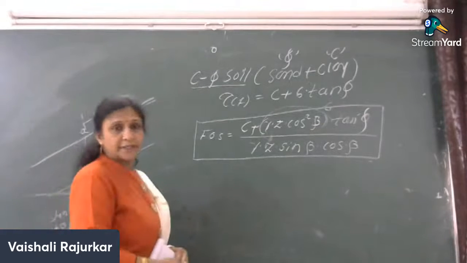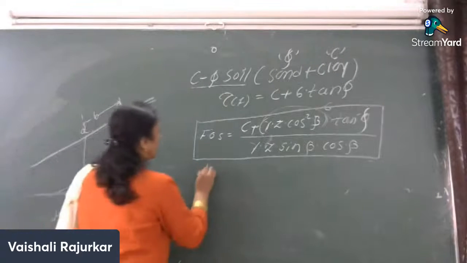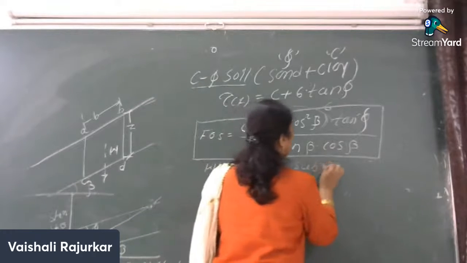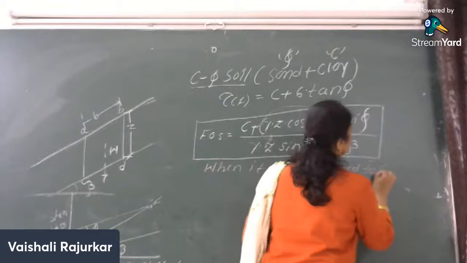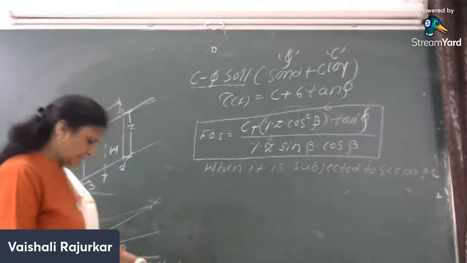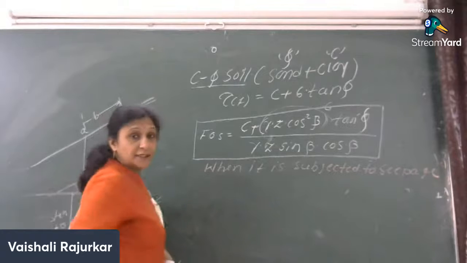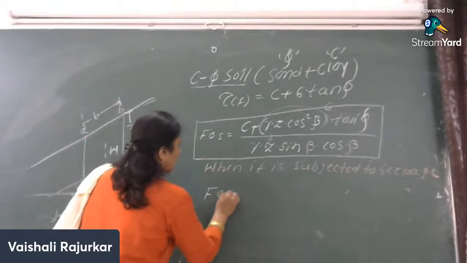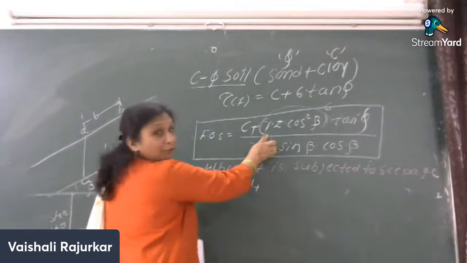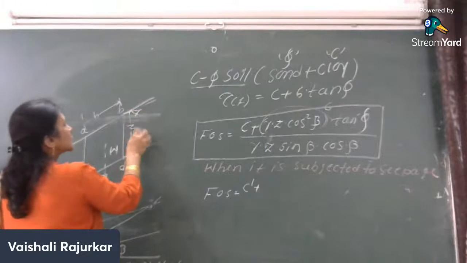We have already discussed it for the sandy soil when it is subjected to seepage. When it is subjected to seepage, the same equation becomes factor of safety equal to C dash plus, instead of gamma, gamma submerged, because the water table is lying somewhere here, so the soil has become submerged.